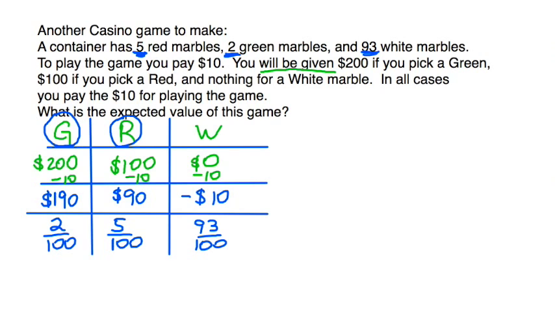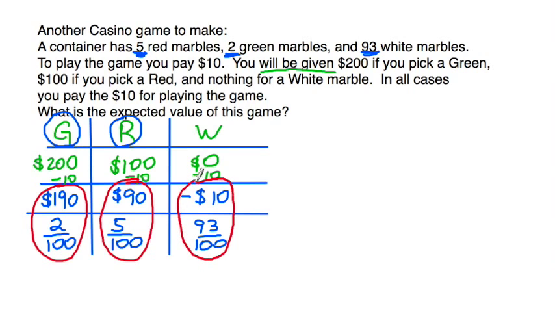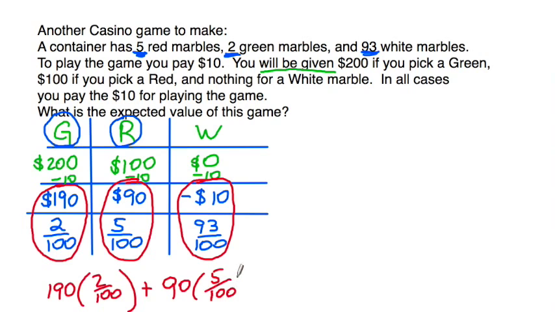So the calculation we want to make is how much you could win times its probability all the way across. So you're going to multiply these together, and you're going to take your answers and add them all up. So this is 190 times 2 over 100. You can reduce if you want, but the calculator will do most of the work for me. Here you have 90 times 5 over 100, also known as 5%.